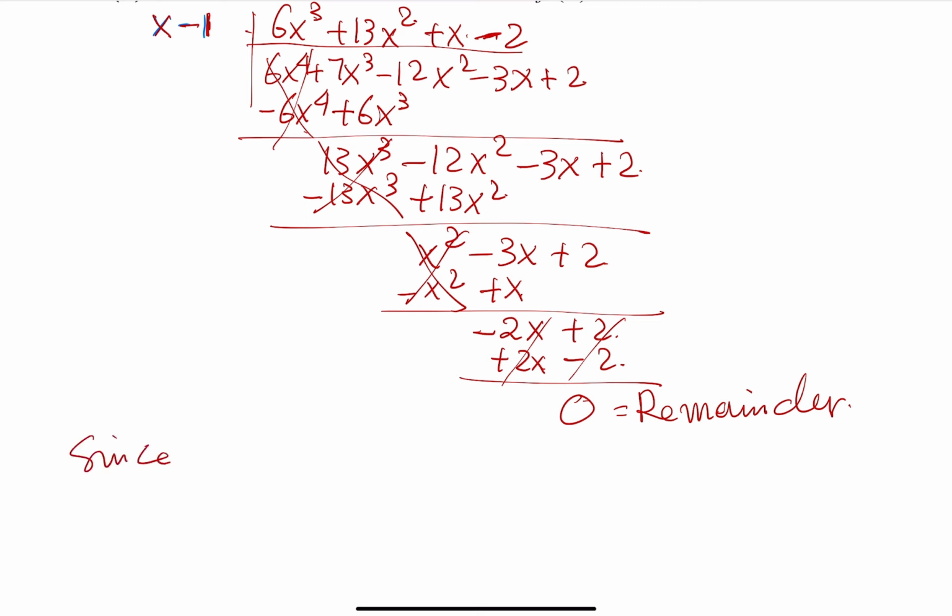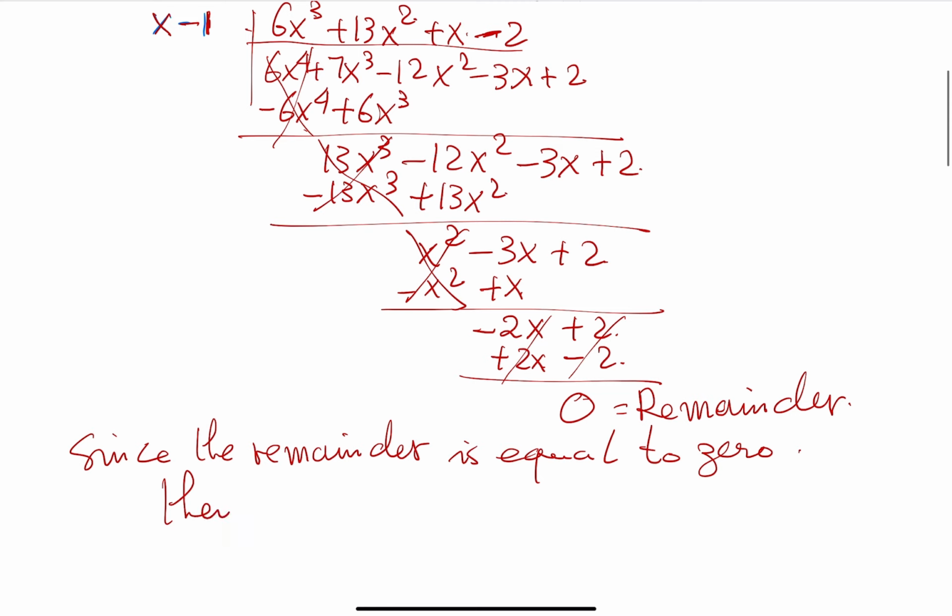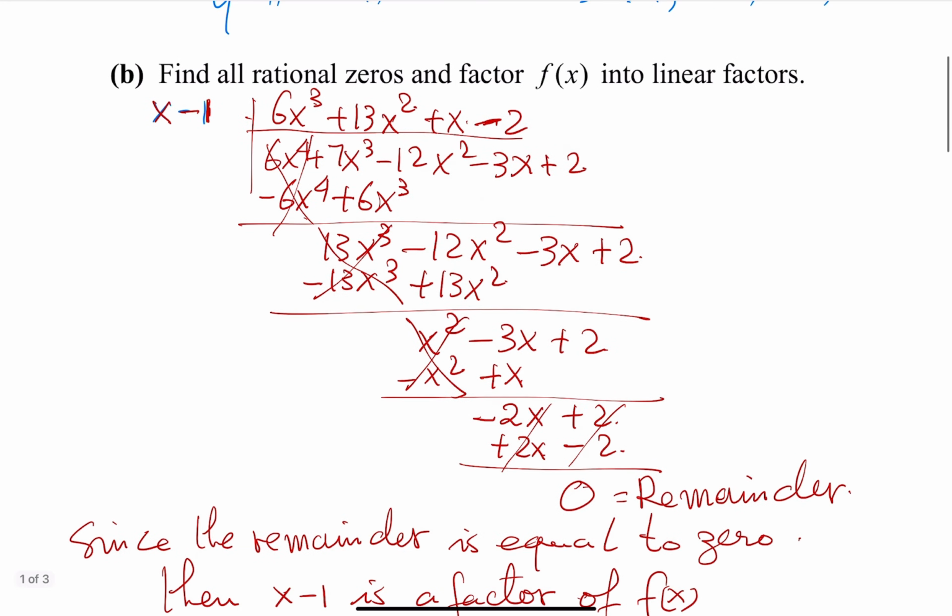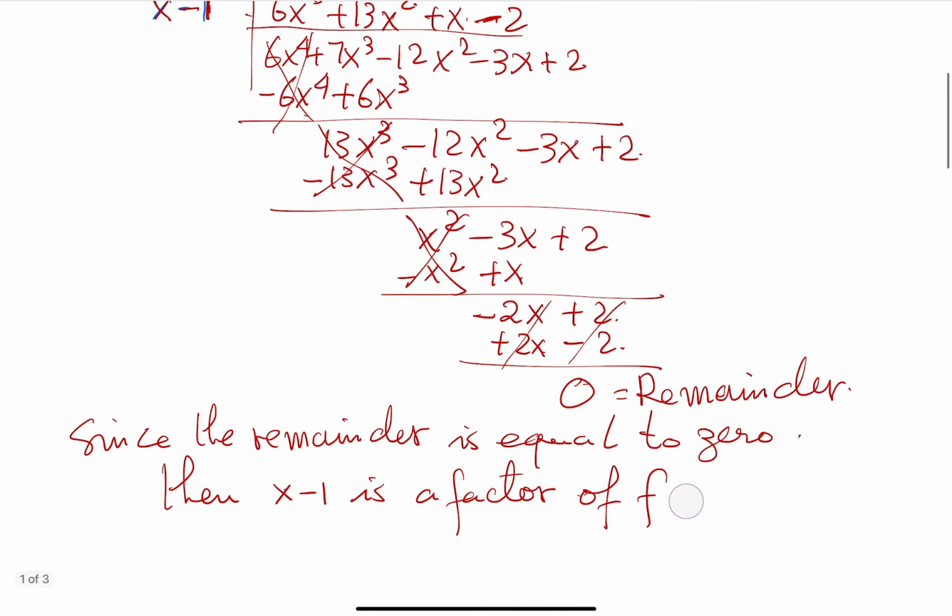Since the remainder is equal to 0, then x minus 1 is a factor of f(x). You can just say f, is a factor of the function f.